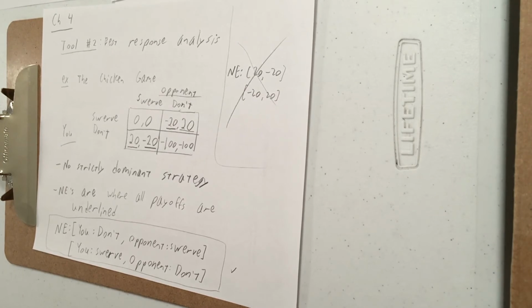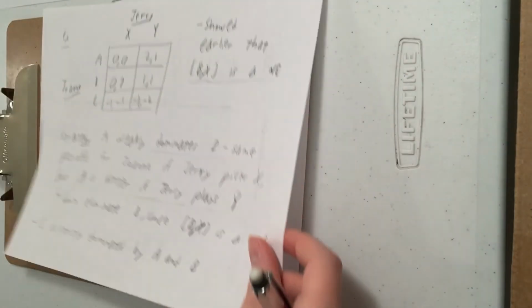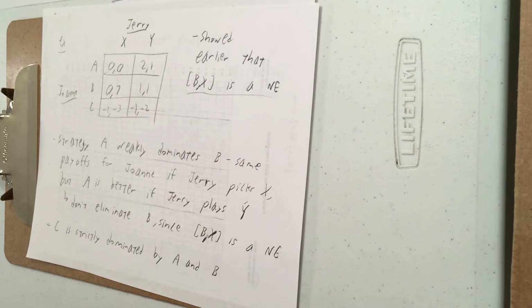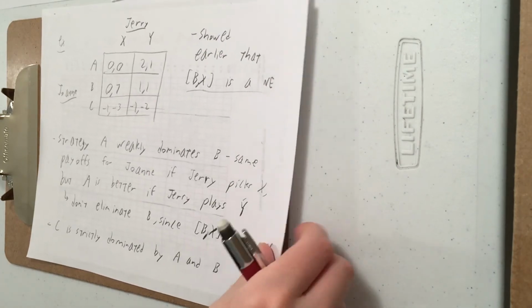So we can revisit one of our earlier games and use best response on that one. Earlier I talked about this game back here with Joanne and Jerry. We showed that Bx is a Nash equilibrium, but there's actually another one in there as well.